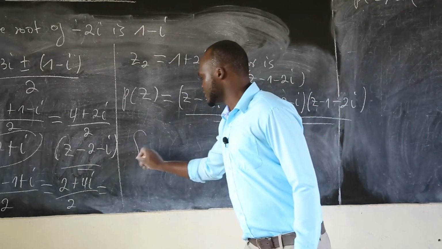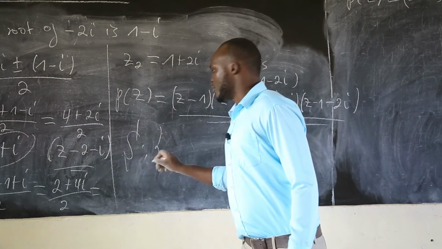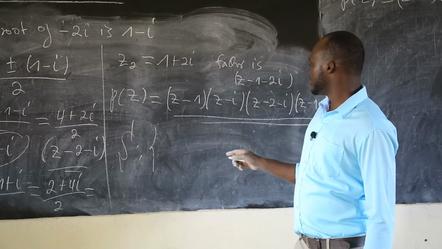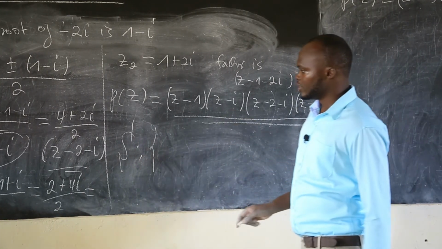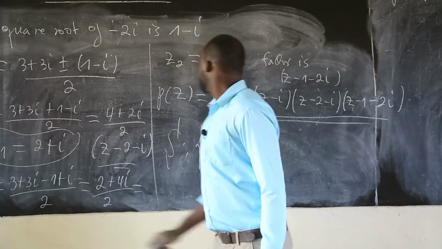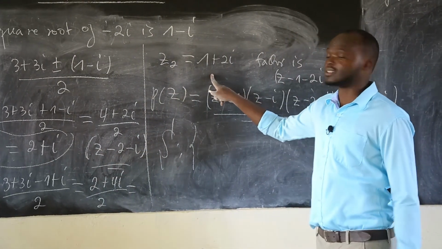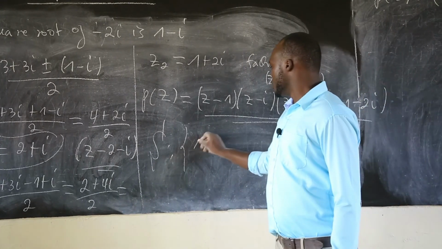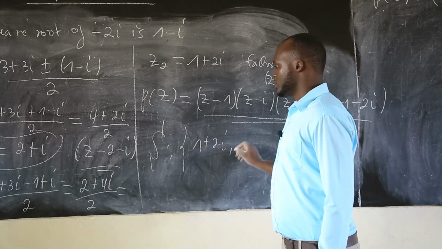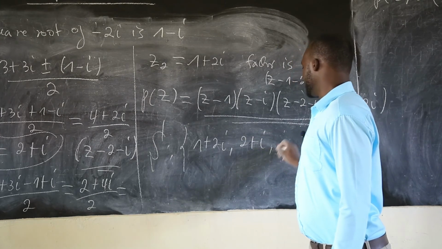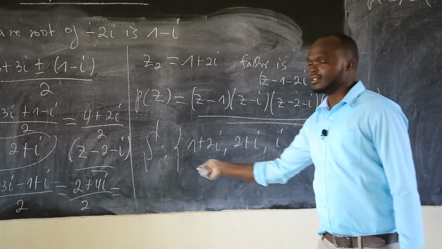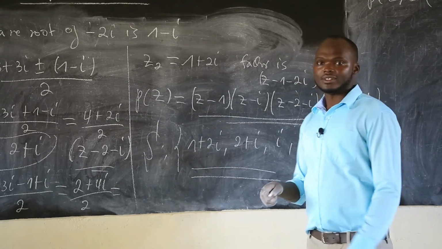Then our set, remember we got z equal to 1, we got z equal to i, or we got z equal to 2 plus i, we got z equal to 1 plus 2i. So now it will be 1 plus 2i, 2 plus i, i, and 1. That is our solution set.